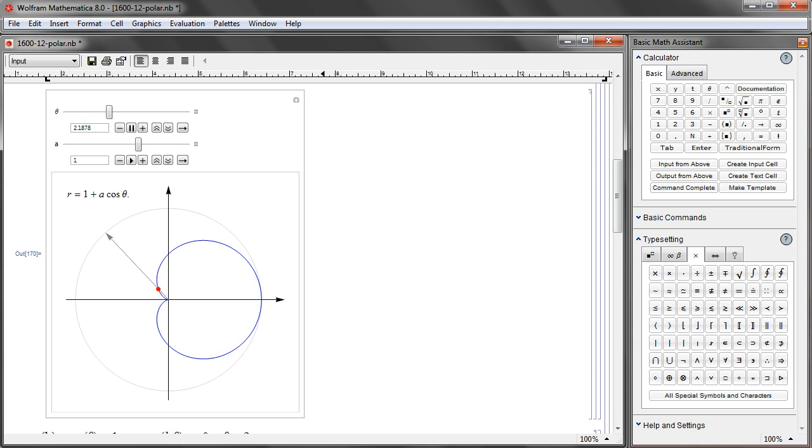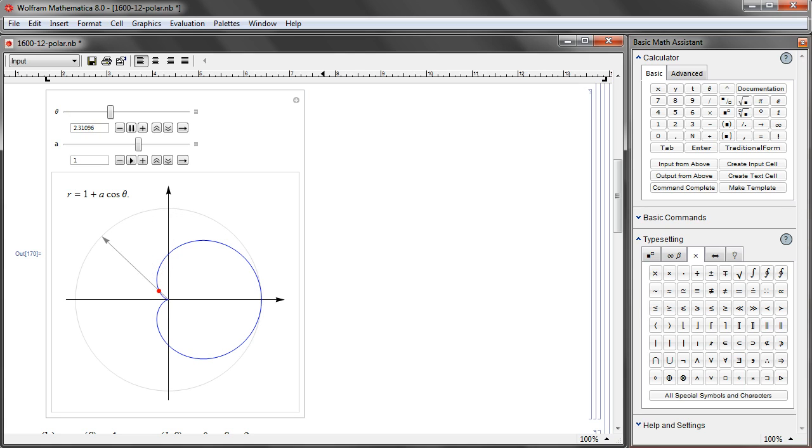Now if you point toward, say, vertically up, when theta is pi over 2, then cosine of pi over 2 is 0, so r is 1 plus 0, so we have r equals 1. So distance from the origin to the point that is crossing the y-axis, or y-intercept, is 1.